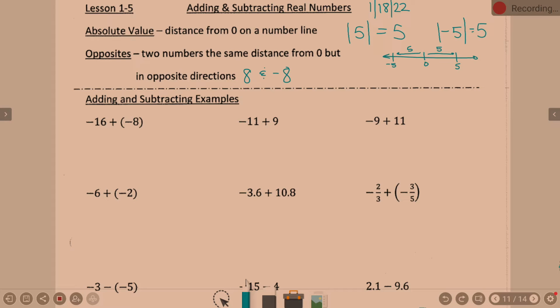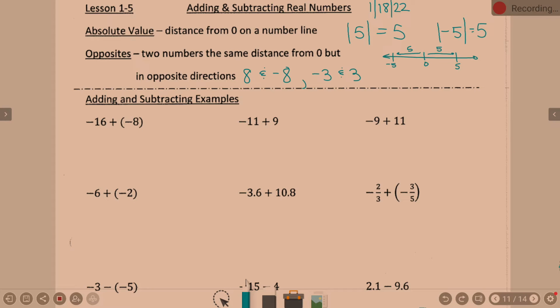The opposite of 8 is negative 8. The opposite of negative 8 is positive 8. Another set, negative 3 and positive 3. Those are opposites. Same number, different signs. So when we talk about opposites, we're talking about same numbers, different signs. Okay, again, vocabulary I want us to remember.